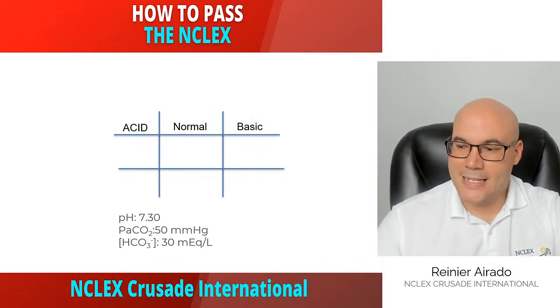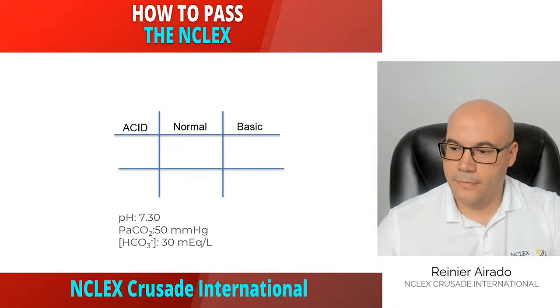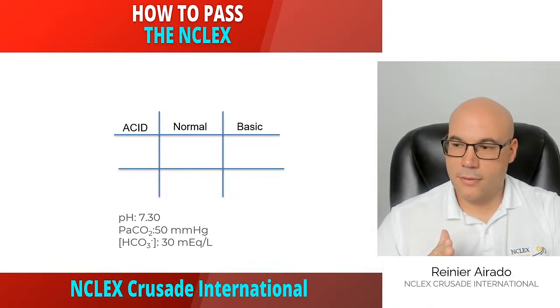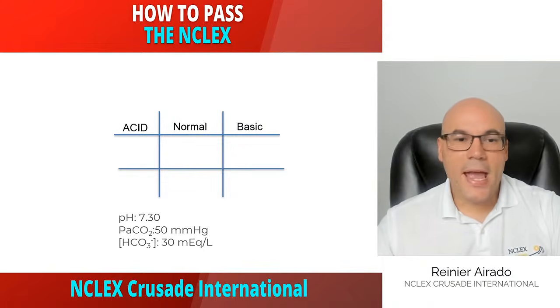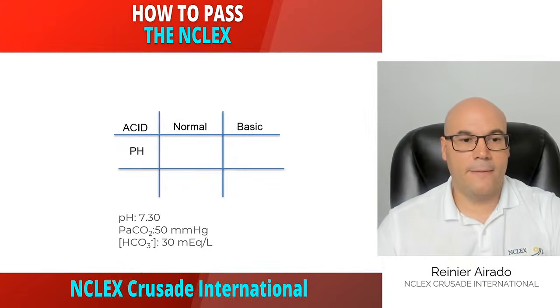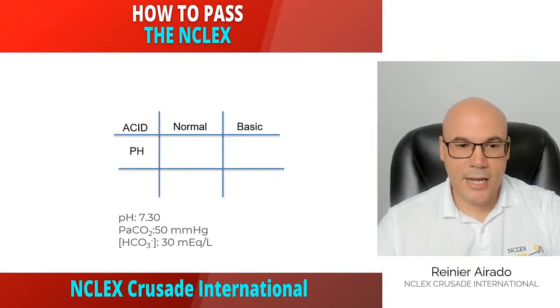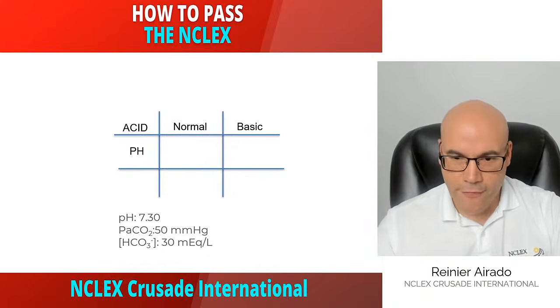All right, let's see the next scenario. The pH is now 7.30. Where are we going to put the pH? Acidic, normal, or basic? So pH is below 7.35, acidic. Where is the CO2? 50. What is normal range? 35 to 45.